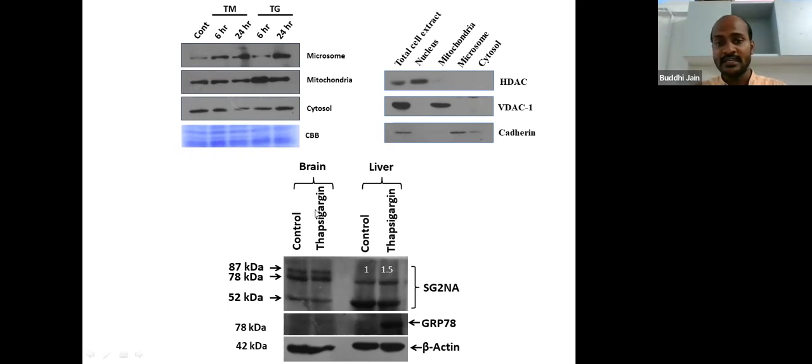Like here we can say that in brain the expression of the 87 kilodalton isoform is there, but in liver the 87 kilodalton isoform is not there. So in tissue, different isoforms are expressed in a tissue-specific manner, but in cell lines only the 78 kilodalton isoform is expressed.